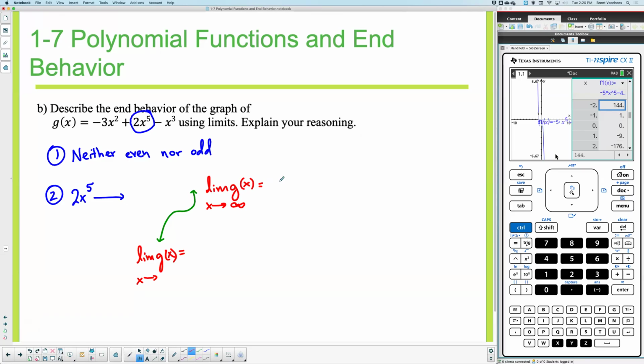Now tell me, does it rise, fall, get flat, or come to a point? Rises, so positive infinity. Now let's talk about this limit on the left. Oh, I just gave that away. Is it going left or right? Left. What symbol means left? Negative infinity. And is it rising, falling, getting flat, or coming to a point? It's falling, so negative infinity. That would be your limits.